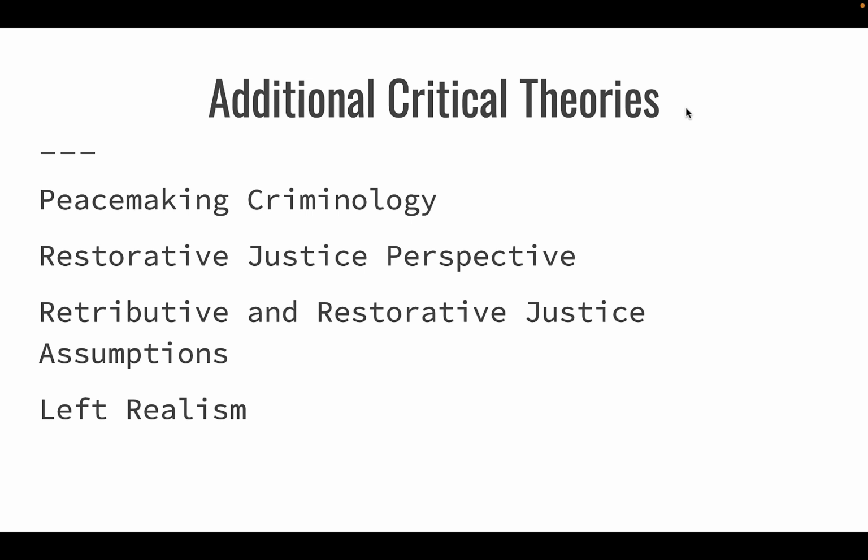The first for retributive justice is that crime is an act against the state, a violation of a law, an abstract idea. But under restorative justice, crime is an act against another person in the community. Under retributive justice, there's an assumption that the criminal justice system controls crime, and that an offender's accountability is defined as taking punishment.